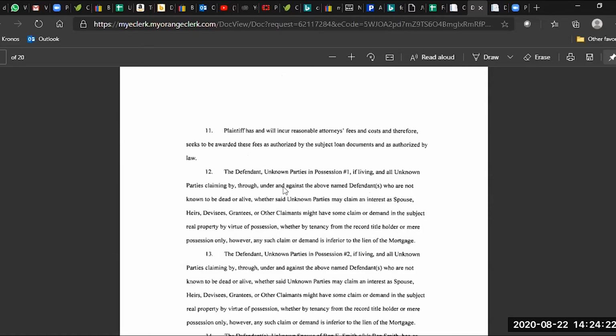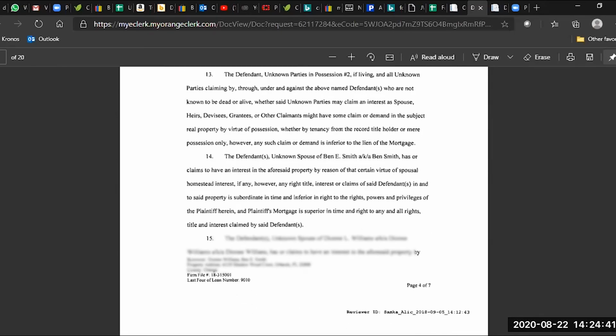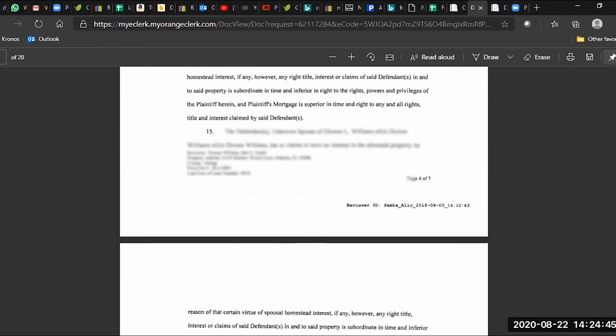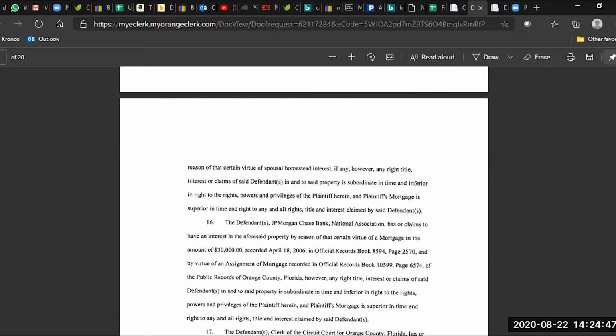But also this clues you right here that there's a possibility. This isn't a good indication because I wouldn't be surprised if banks would go ahead and sue the tenants even if there were none. But you're going to talk about unknown parties in possession, unknown tenants in possession. And I don't see one here, but it's going to name other people who are being sued and why they're being sued.